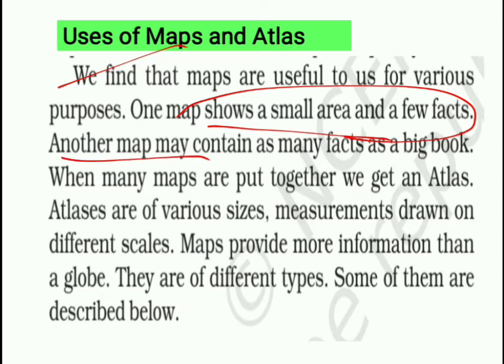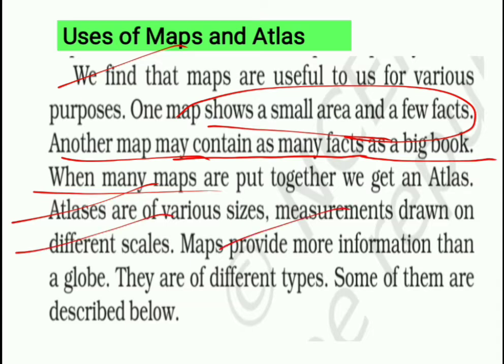Another map may contain as many facts as a book. When many maps are put together, we get an atlas. So an atlas is a book in which various types of maps are stored or bound. Atlases are of various sizes, with measurements drawn on different scales.